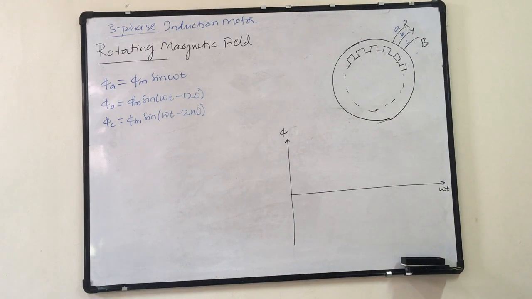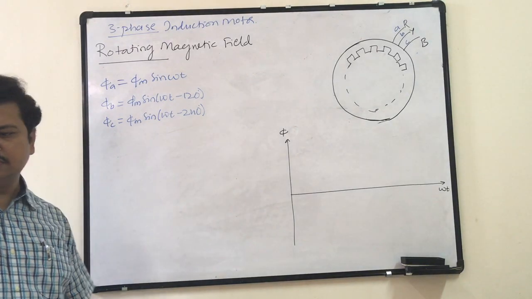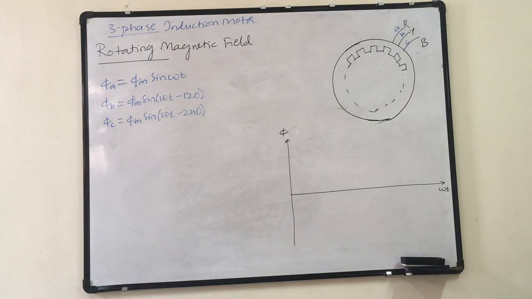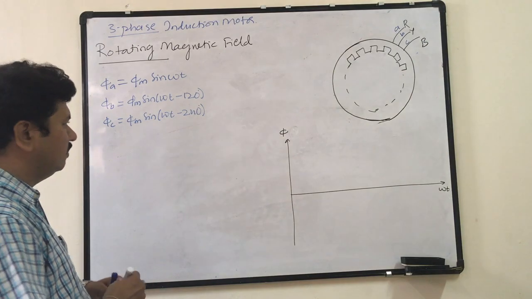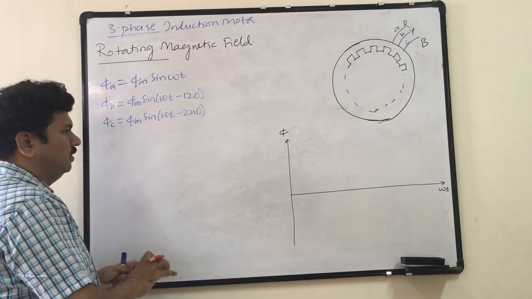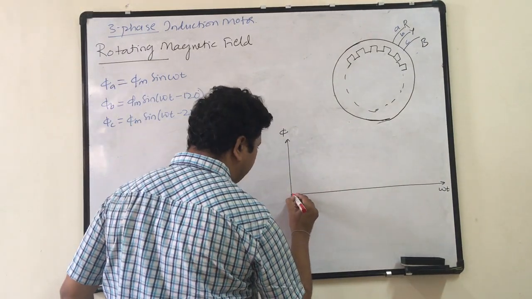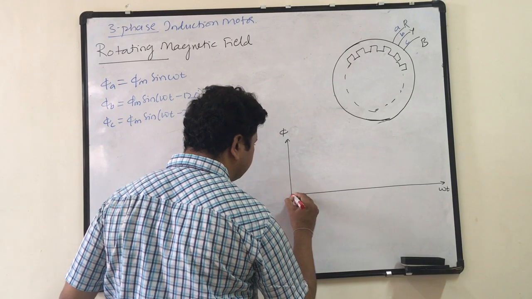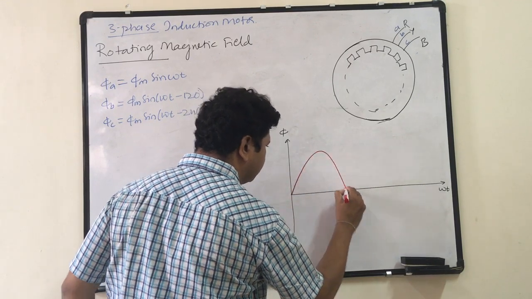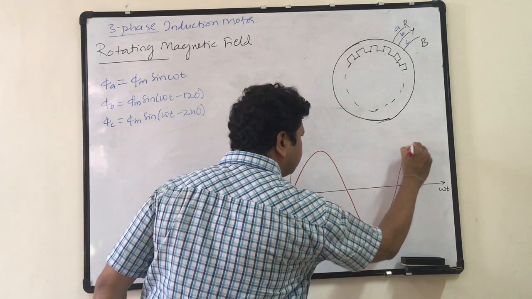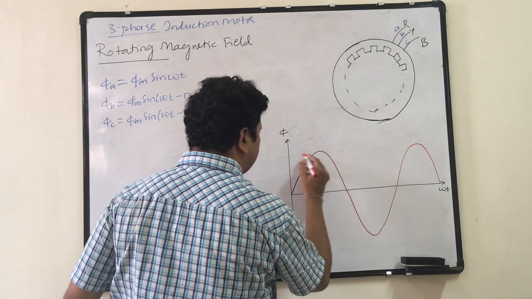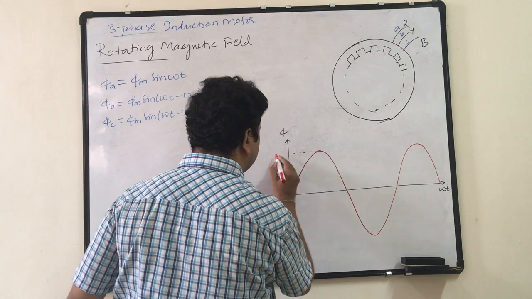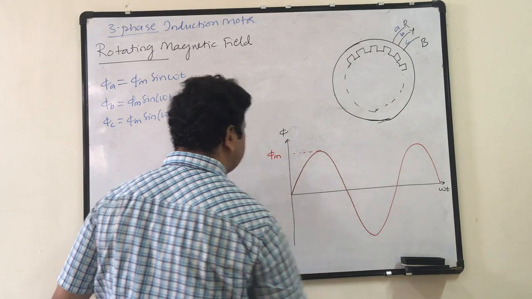Minus 240. Now for these instantaneous equations, I would like to draw the phasor diagram or the vectors of the fluxes. Okay. Now phi A, red phase, will start at omega t equal to 0. This is phi m.